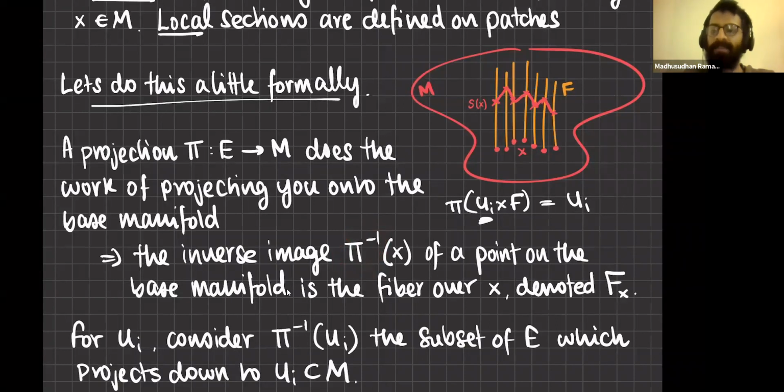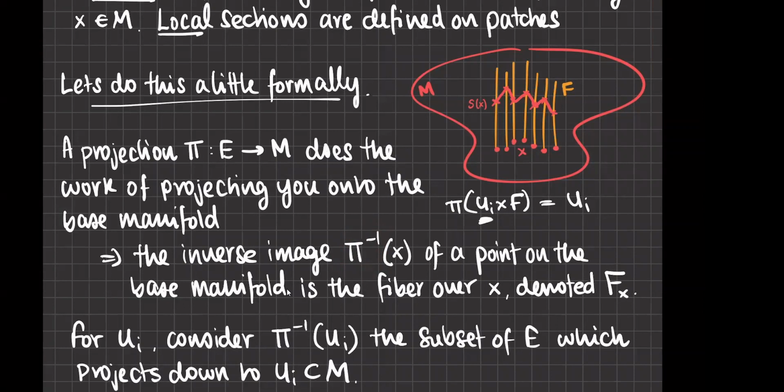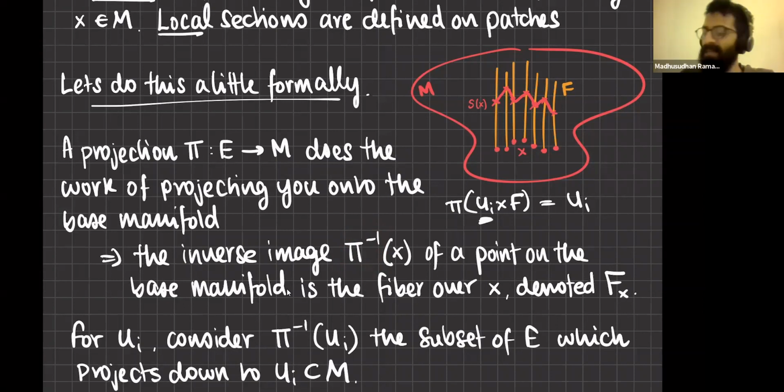When I say pre-image instead of inverse, what I mean is the set of all points that, should you act on pi with, will drop down to X. Whereas a section starts with a point on the base manifold and associates to each point in the base manifold one point in the fiber.